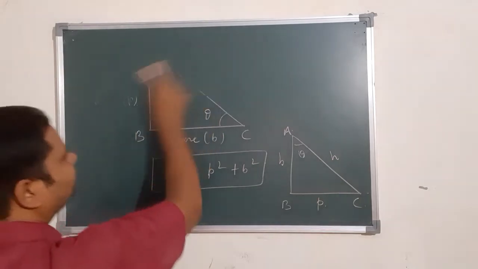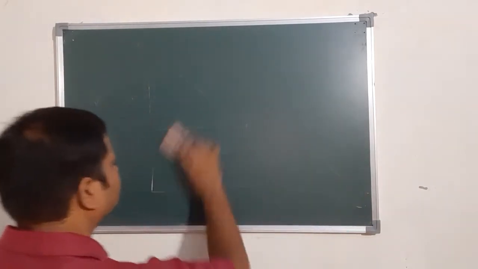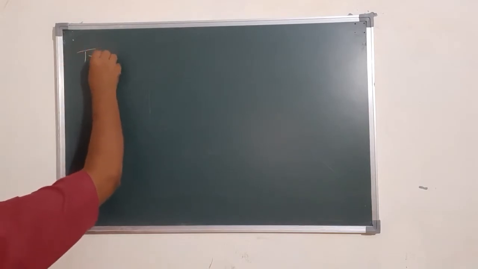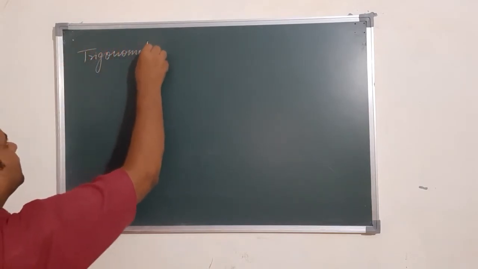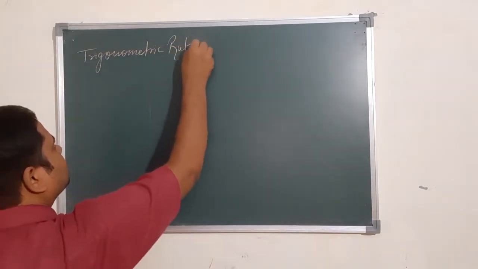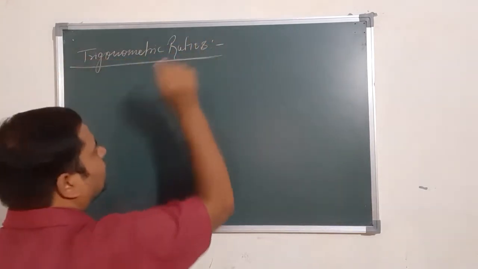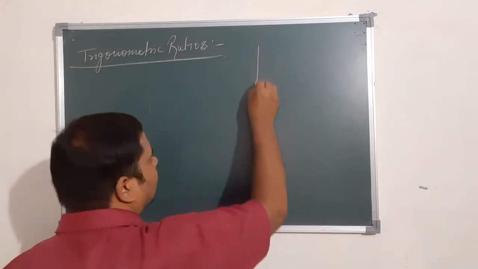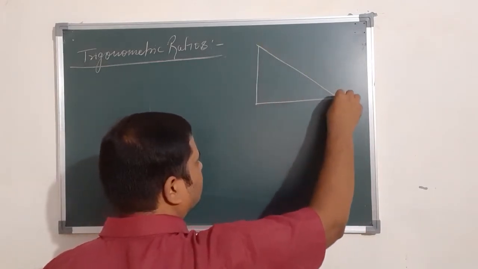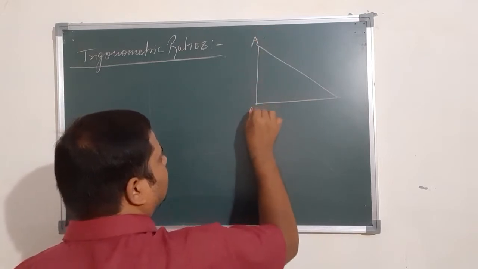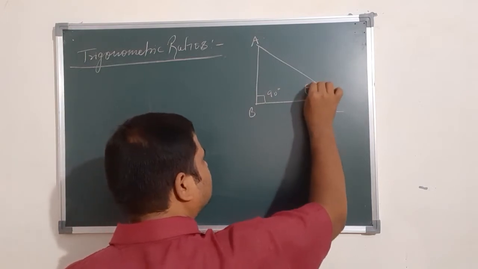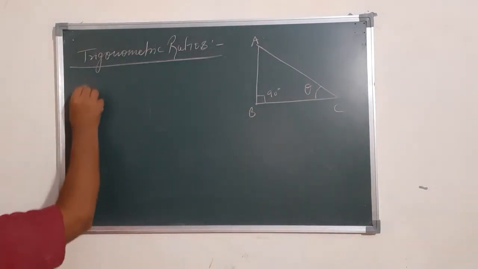So see, trigonometric ratios. What are trigonometric ratios? There are 6 trigonometric ratios. If you consider a right angle triangle ABC, and we consider this angle as theta, then there are 6 trigonometric ratios.